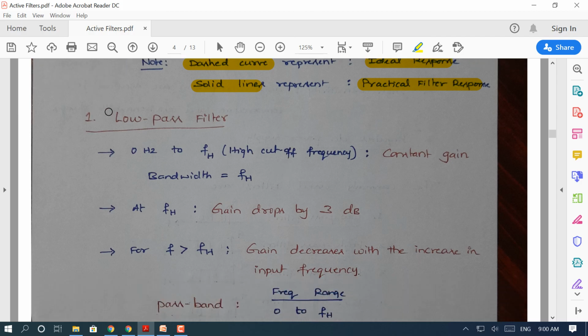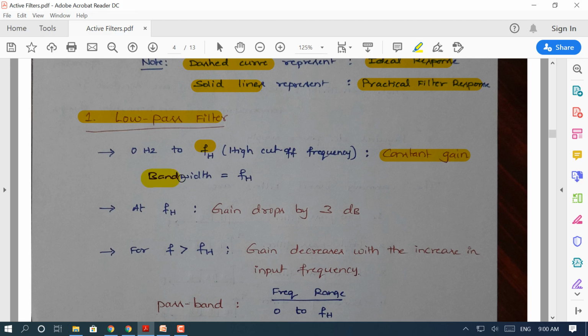Let's consider the low pass filter. A low pass filter is a filter which has a cutoff frequency of fH. From 0 hertz to fH hertz, the circuit is going to provide constant gain in this region, and the bandwidth of this low pass filter is fH.